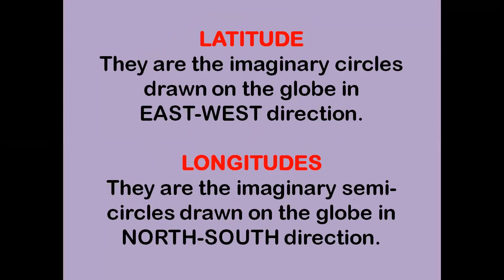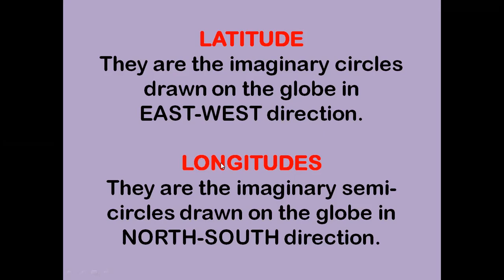Now let us see what are these latitudes and longitudes. What are the latitudes? The first image which we saw. They are the imaginary circles drawn on the globe in east-west direction. Right? Let us understand again. Latitudes. They are the imaginary circles drawn on the globe in east-west direction.